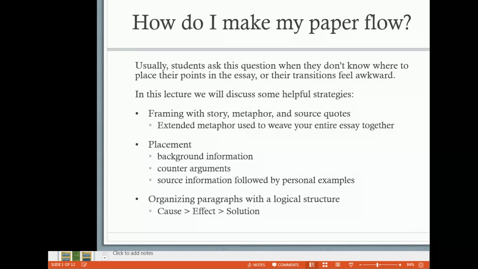And mostly I'm going to talk about ways you can organize your paragraphs using the logical structure of cause and effect and solution, which is one way to think about a lot of academic essays. So it's one of the reasons that I'm kind of pushing this idea of a problem solution paper for this particular assignment.